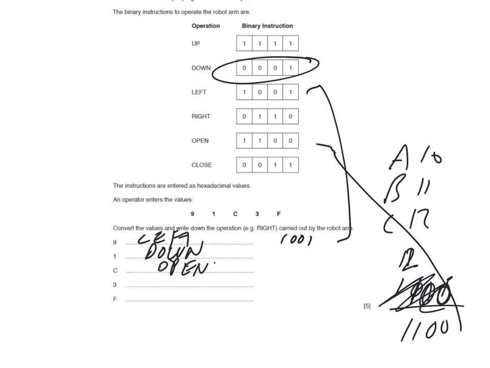So you see how easy it is to make mistakes if you just try and do things too fast. 0, 0, 1, 1 for 3, which is close, and then F is 1, 1, 1, 1, which is up. So again, I fall into the same mistakes all the time, that I try and do things too quickly.